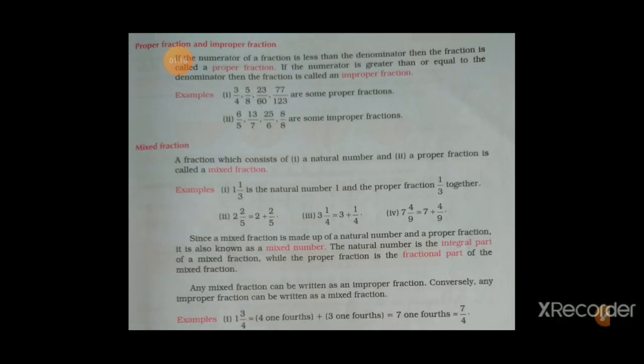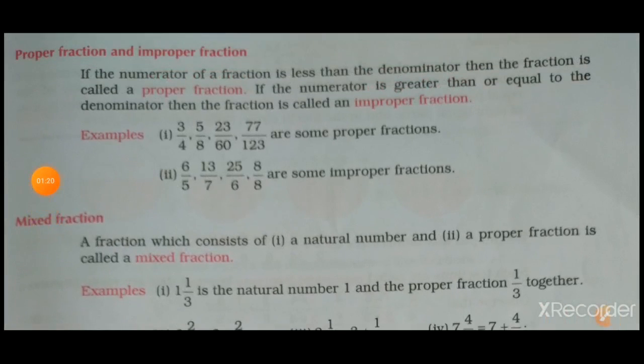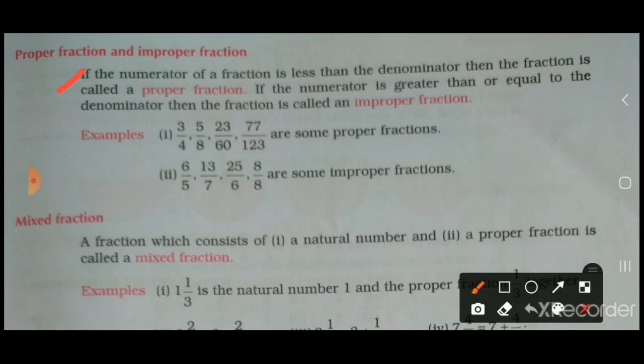Now proper fraction and improper fraction. If the numerator of a fraction is less than the denominator, then the fraction is called a proper fraction. For example, 3 upon 4, 5 upon 8, 23 upon 60, 77 upon 123.